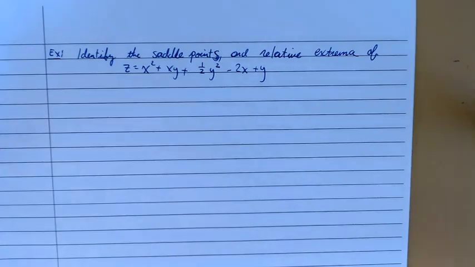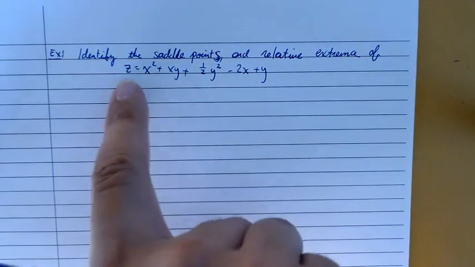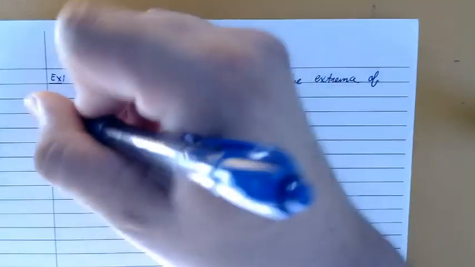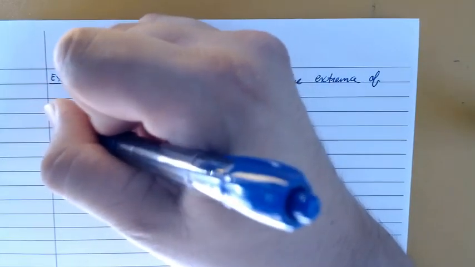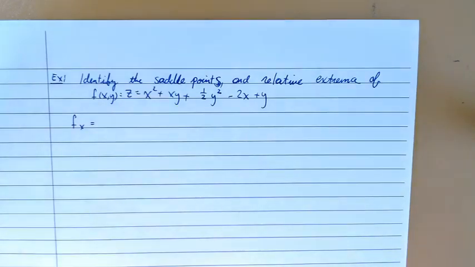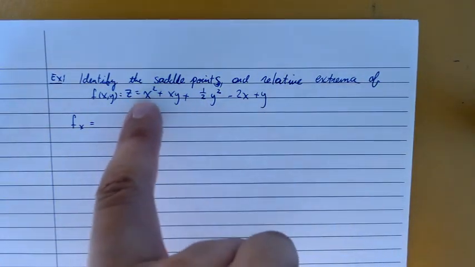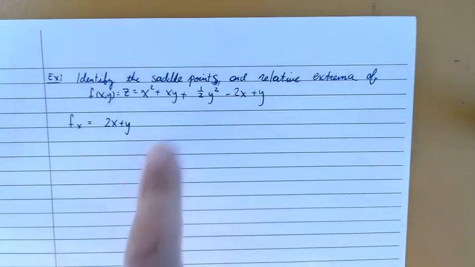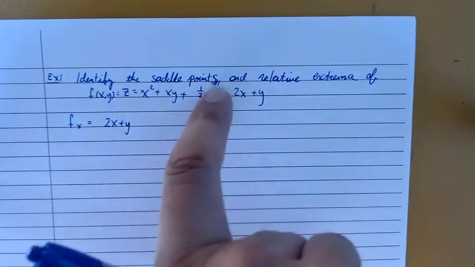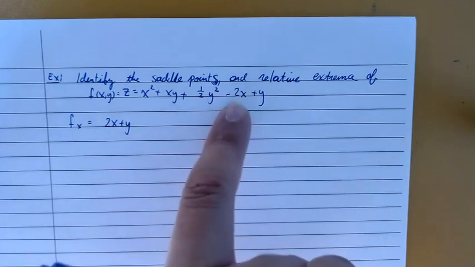First of all, we want to find all of our first and second order partial derivatives. So here z equals this. That's another way of saying f of xy equals this. So here we're looking for f sub x. Well, that's going to be the derivative with respect to x of all of this. It's going to be 2x plus y. That one will have a derivative of 0. That'll have a derivative of minus 2.